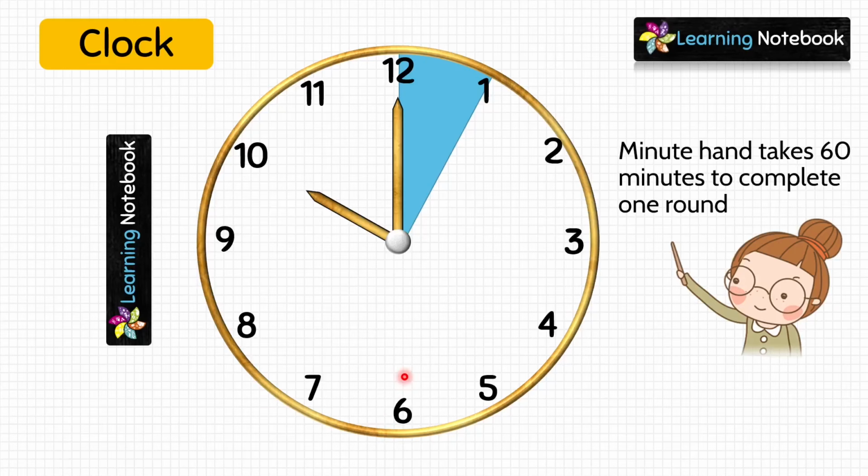Also students, you can see that the hour hand, this short hand, has moved from 9 to 10. So it means in 1 hour, the hour hand moves to the next number, whereas the minute hand takes a complete round of the clock.